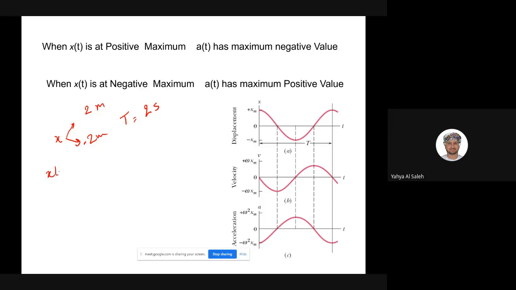So x of t, we said, will be A sine omega t plus phi. This is always its form, right? What is my A in this case? 2. Yep. What is my omega? 2 pi over T. Yep. So 2 pi over 2, which is equal to just pi.